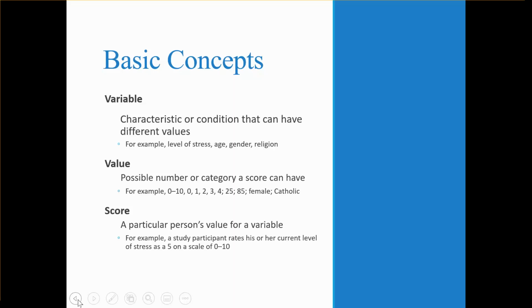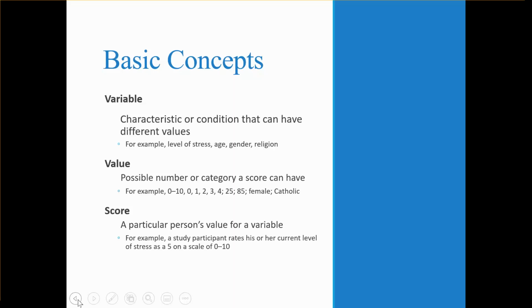In psychology, we talk about variables all the time. It could be the level of stress that a person is in. When we're looking at an experiment, we might look at the levels of stress for different conditions in an experiment. Different variables that can certainly change the outcome for your study could be the age of the individual, the gender, or religion.